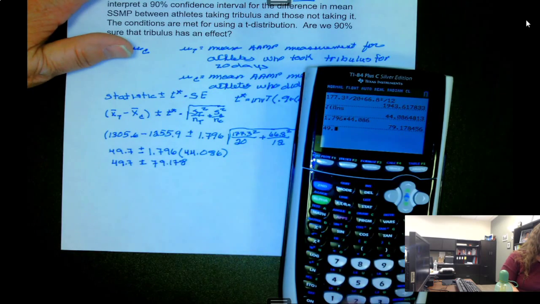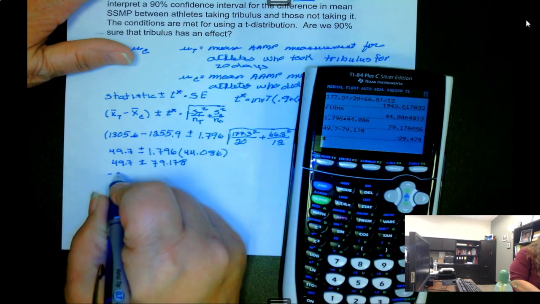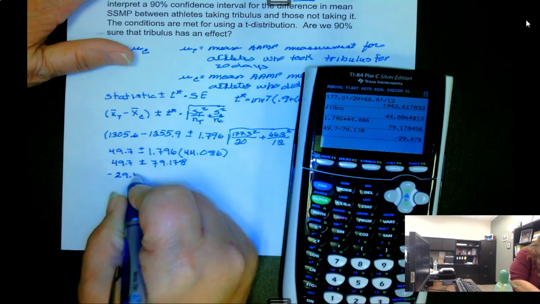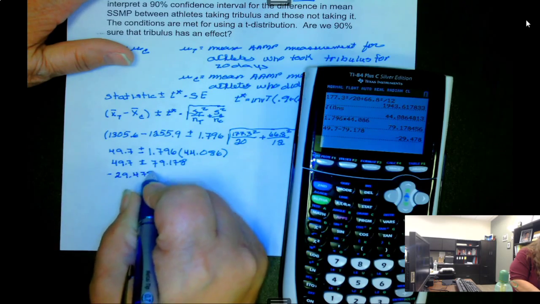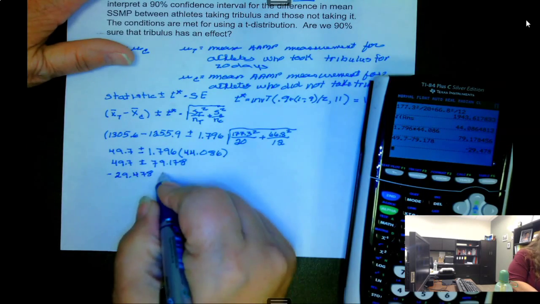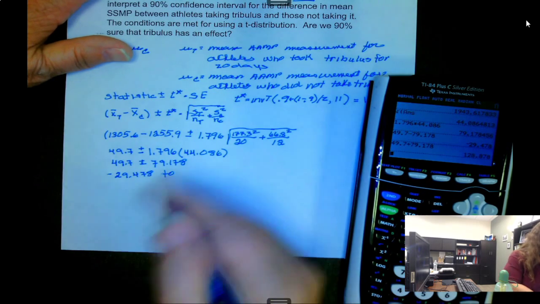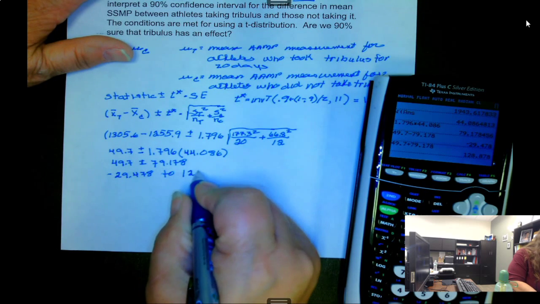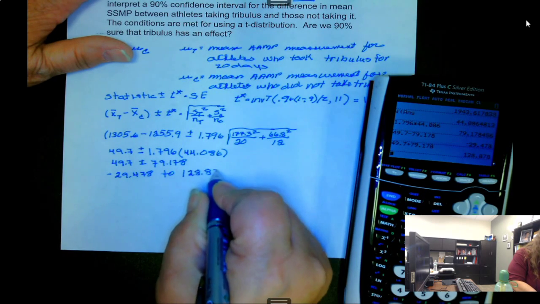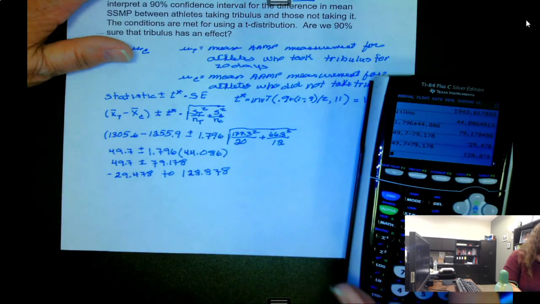So 49.7 minus 79.178 gives us a negative 29.478, and 49.7 plus 79.178 is 128.878.